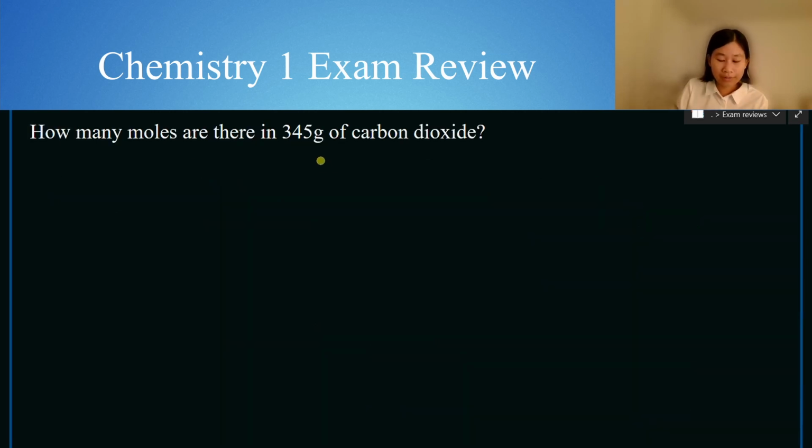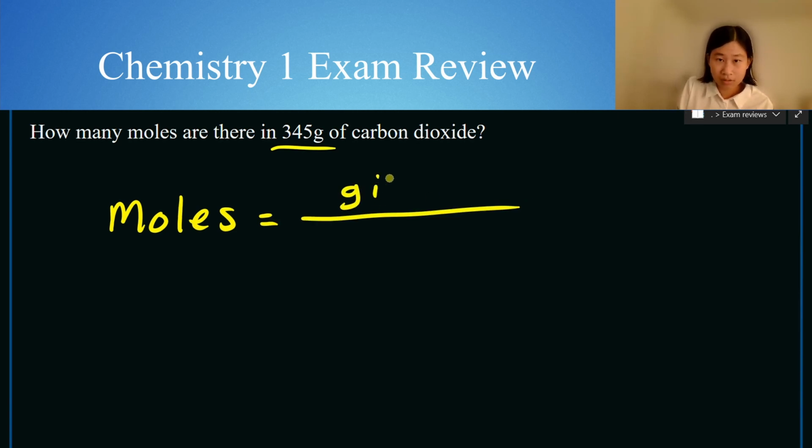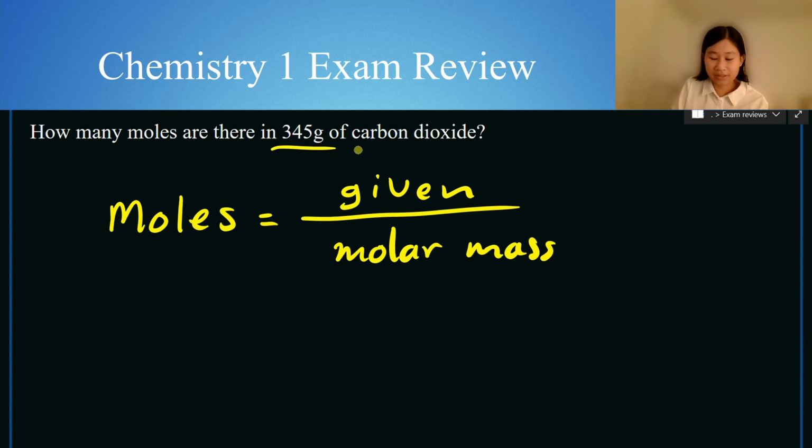How many moles are there in 345 grams of carbon dioxide? Okay, so we need to find the number of moles in this amount of grams. Well, we know that the number of moles is going to be equal to the given mass divided by the molar mass of carbon dioxide, because that's the compound we are talking about.